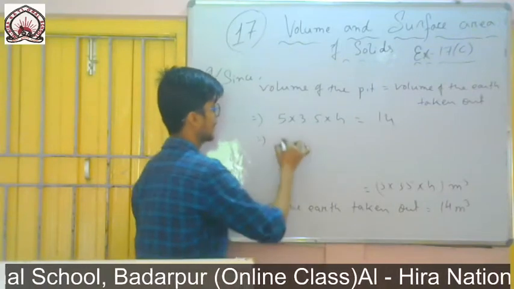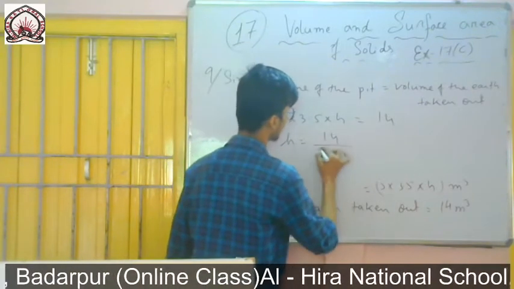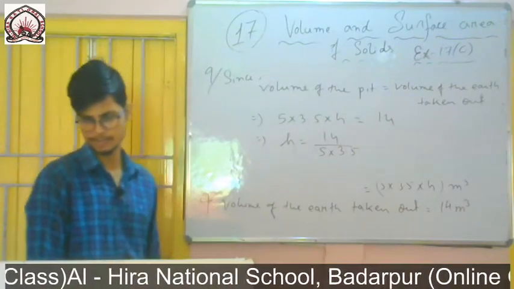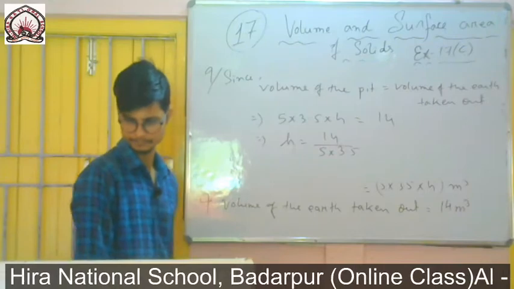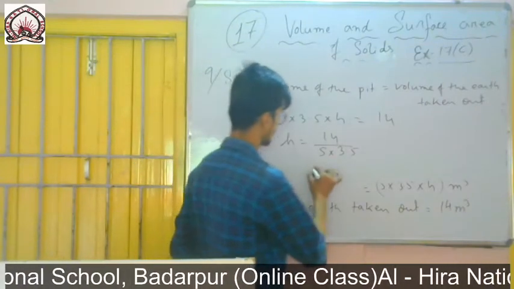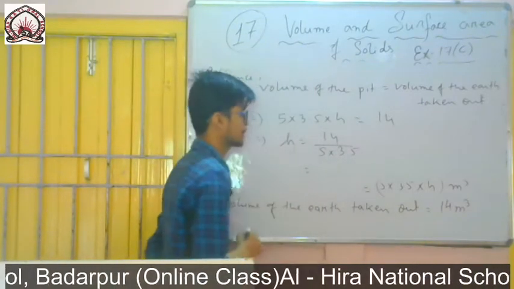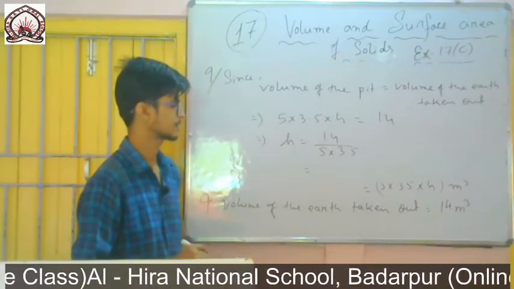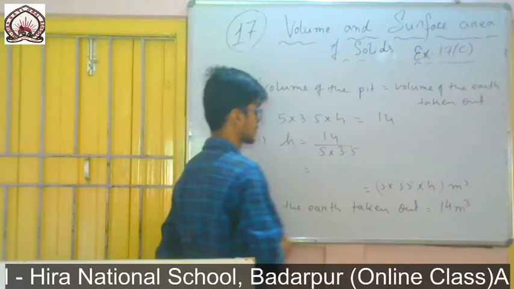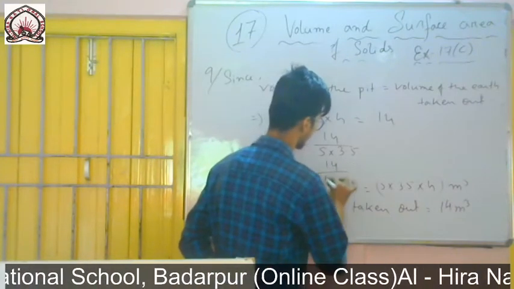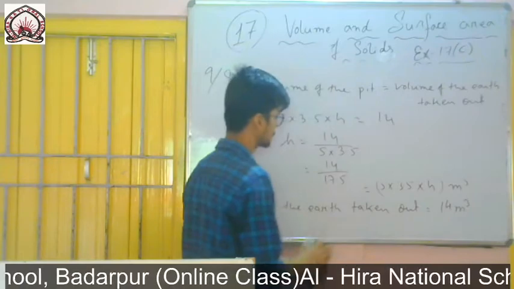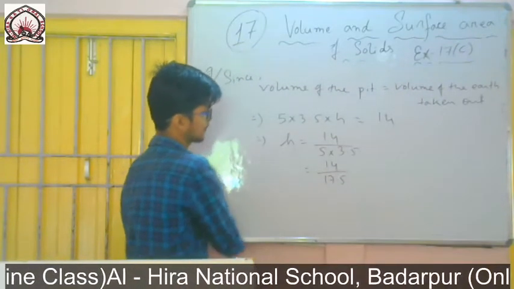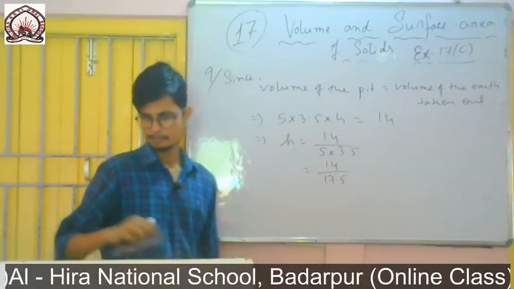Implies h is equals to 14 by 5 into 3.5. 3.5 into 5, it is 17.5. 14 by 17.5.